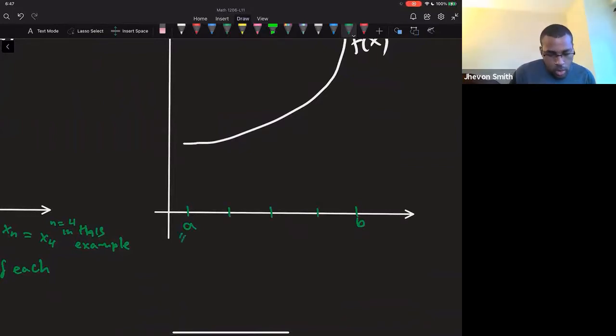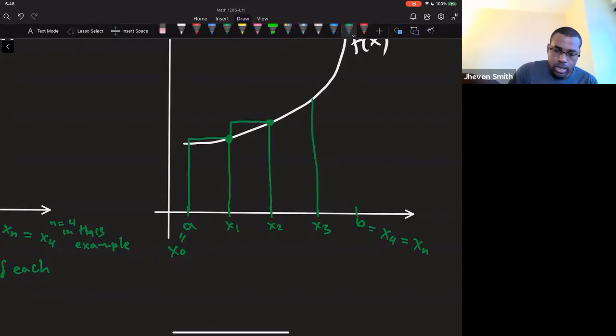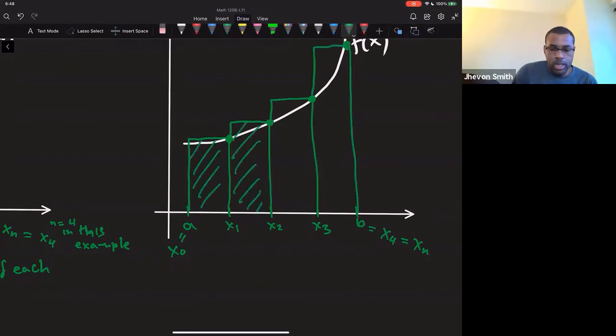And once again, this is x0, this is x1, x2, x3, this is x4 equals xn. And this time on the first subinterval, I go to the right side, it hits the function, and that's the height. Right side hits the function, that's the height, and so on for each rectangle. Then I can add up the areas of all these rectangles, and that's an approximation for the area.